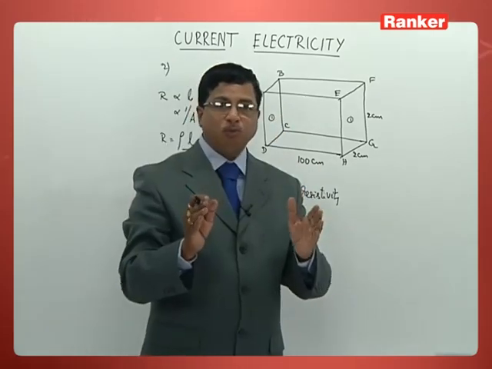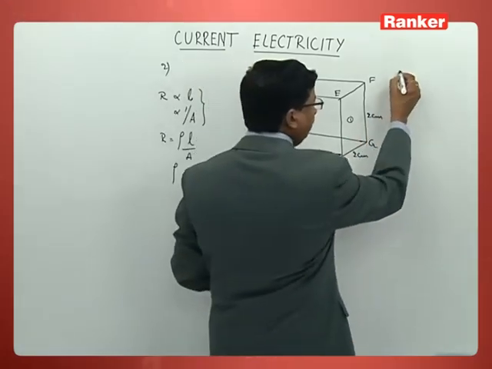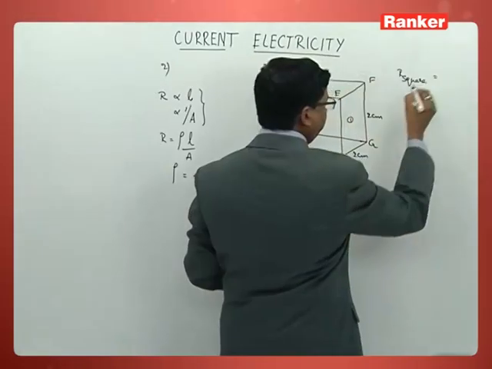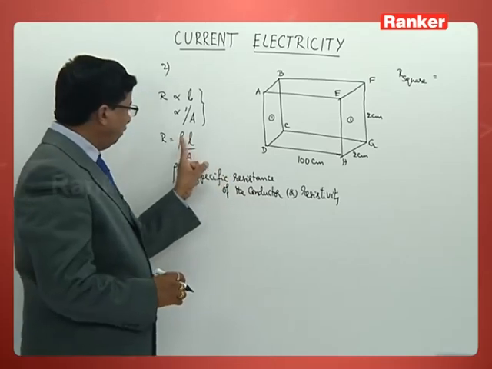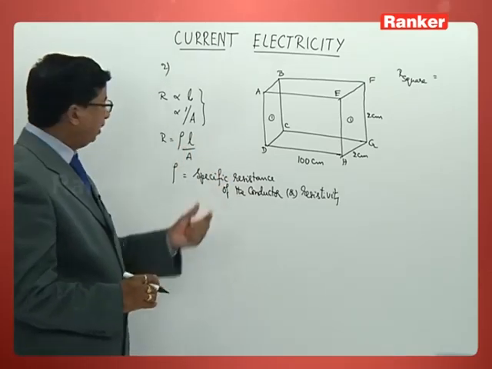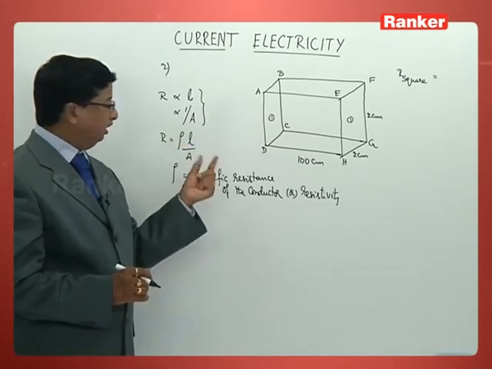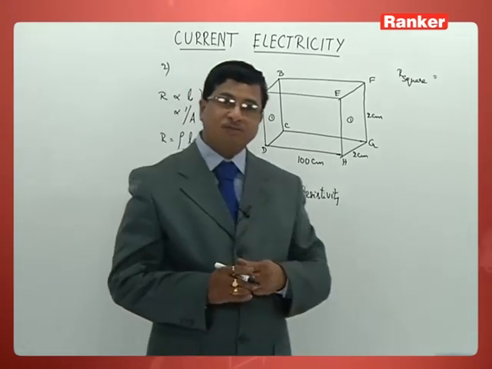Between these two, what is the resistance? Let us write a simple equation. I write R square faces. This is the formula, rho L by A. But understand carefully what this L represents. It is the length. What do you mean by length in such models?